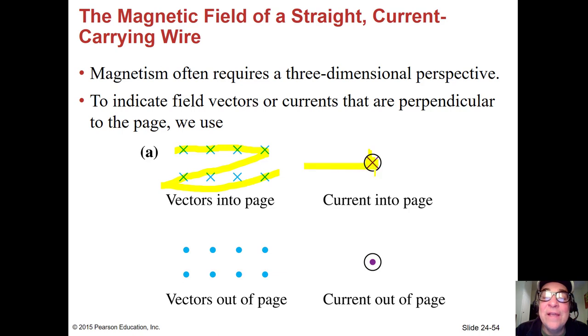Just like an X, that means into the page. Out of the page looks like this, so it's just dots coming out at you. The way people used to talk about this, if somebody shot an arrow at you, this would be like the head of the arrow coming out at you. That's what you would see. Or into the page, that would be sort of the feather part of the arrow. Okay, so this dot means out of the page, this means into the page, because we have to keep everything straight, right? There's 3 dimensions now.